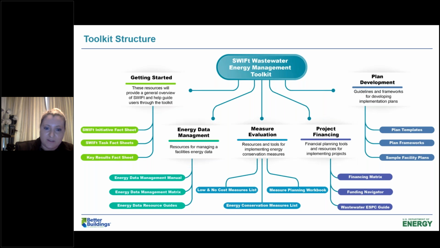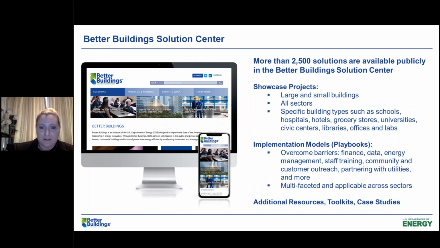So the getting started section has all the introductory fact sheets, and then the 4 different phases, it just outlines what are the specific tools within those 4 phases. So this is a nice graphic for organizing your interest in the toolkit. Okay. Next slide.